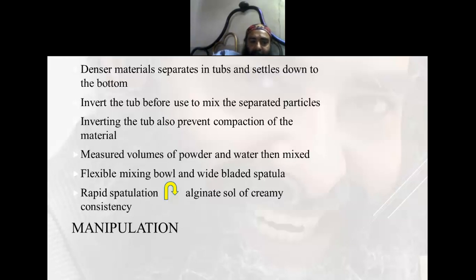Rapid spatulation produces alginate sol of creamy consistency. Gel will come afterwards, and when the gel is formed, it will be time to take the impression.